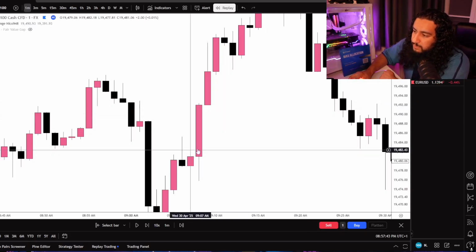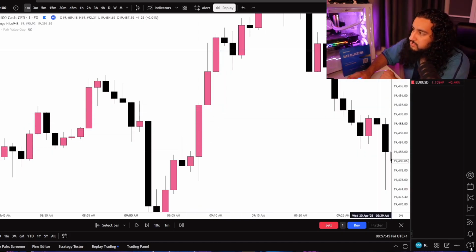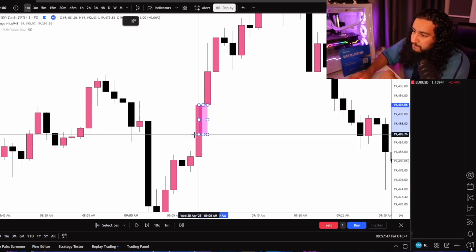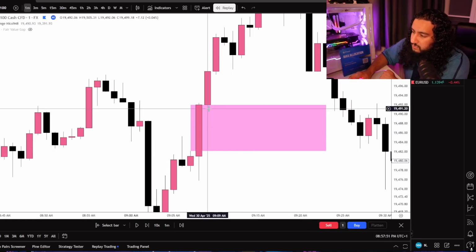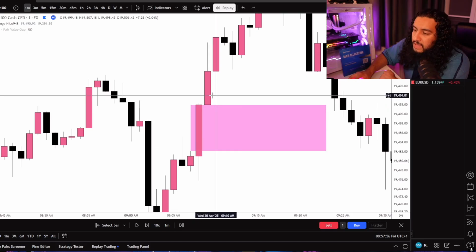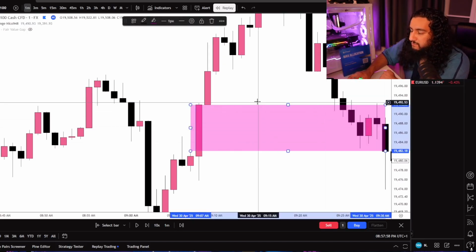Between these wicks where the wicks do not touch, you mark that out like that. And we can see between these candles, the wicks are not touching. So you mark that out, and that is your fair value gap.